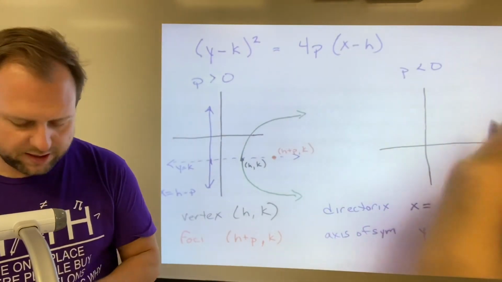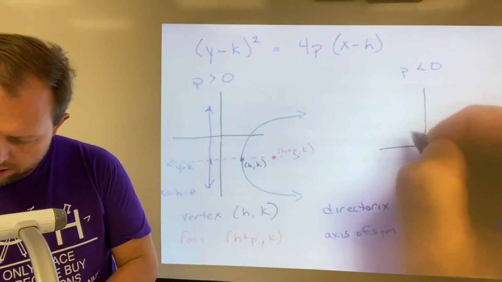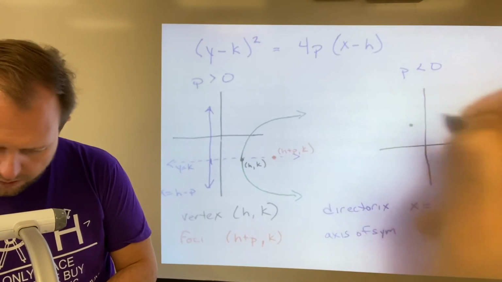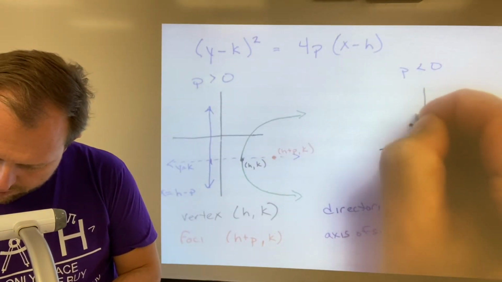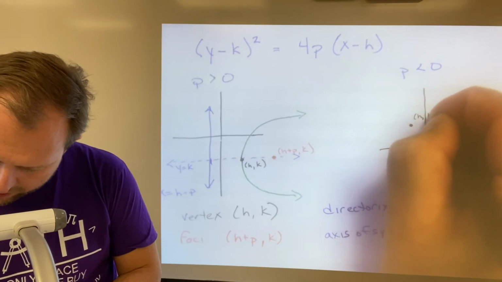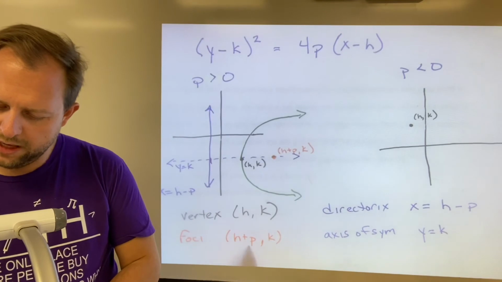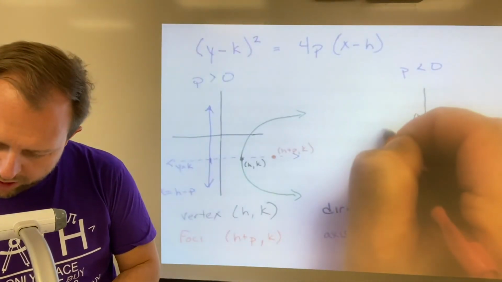Our axes. And if we start, say we start up here with our h comma k, our foci, because p is negative, will take h to the negative direction.